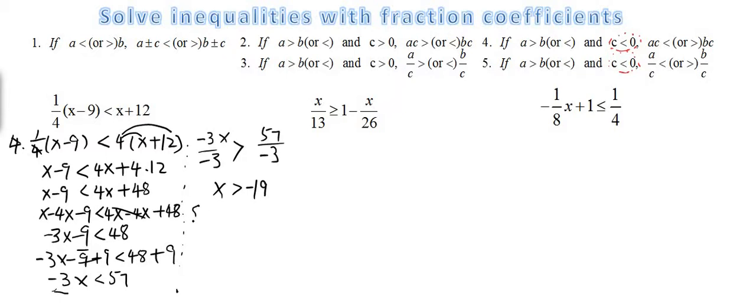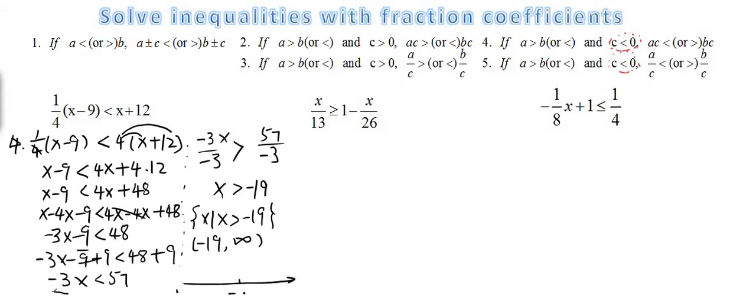So we can write it in set format: x is greater than negative 19, or we can write it in interval notation. And then we can draw the graph.